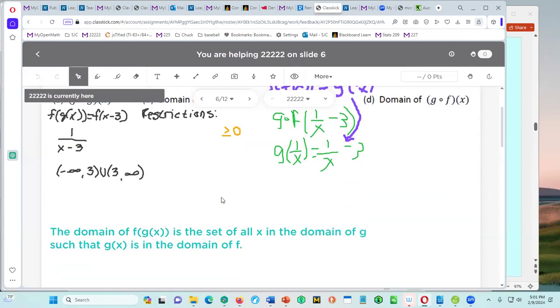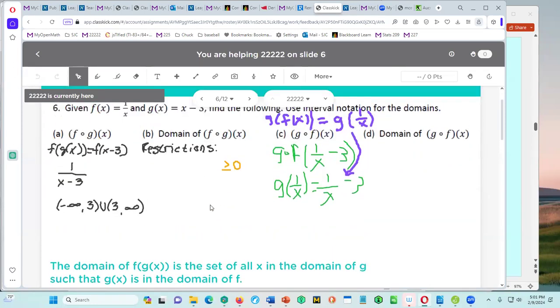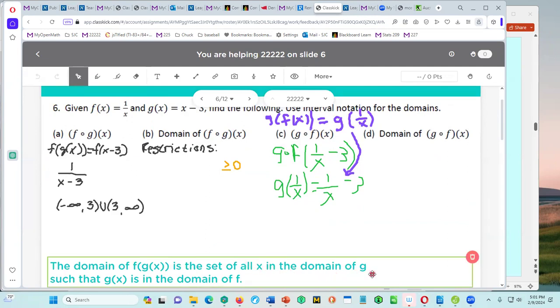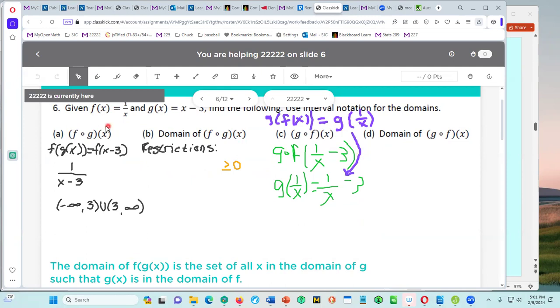Okay, well, if you look at this definition, we have to think about two things: the inside function G, and then kind of like the whole thing. Now, in C and D, the inside function is F. So what is the set of all x in the domain of the inside function?